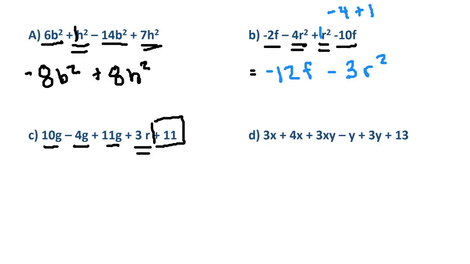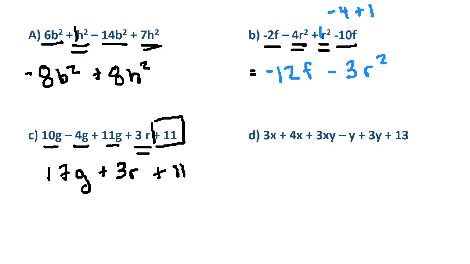So we're going to go 10 take away 4, that gives me a 6, plus 11, that gives me 17G. And then we have plus 3R plus 11. So the G's combine, the R cannot combine with anything, so it just stays as is, and the 11 as well can't combine.